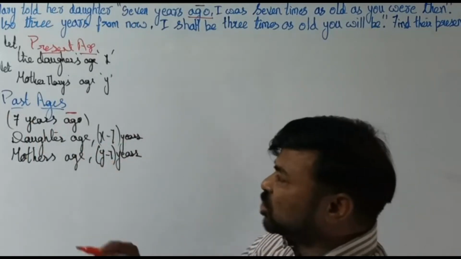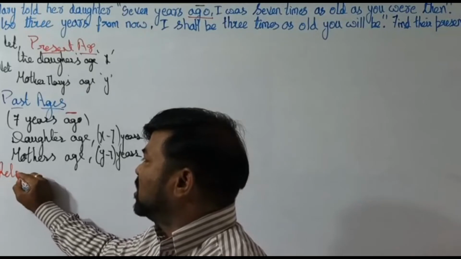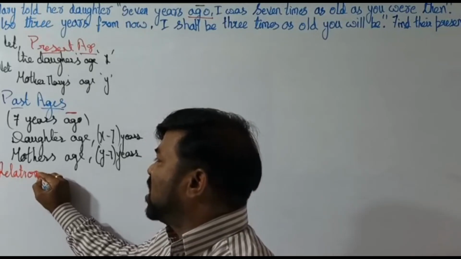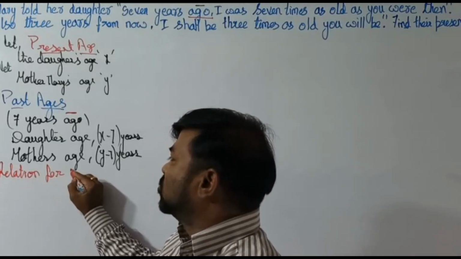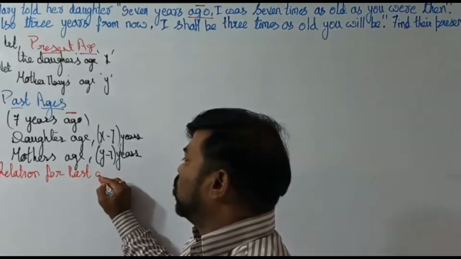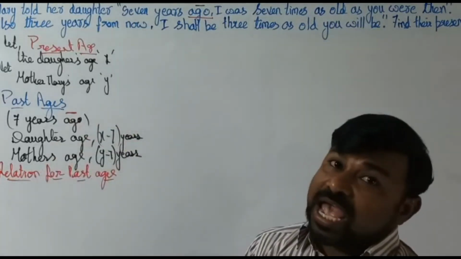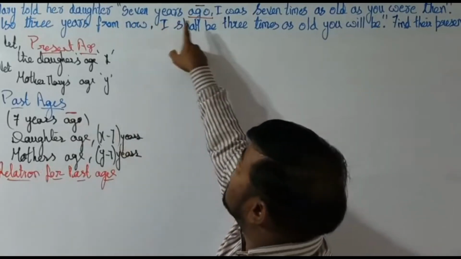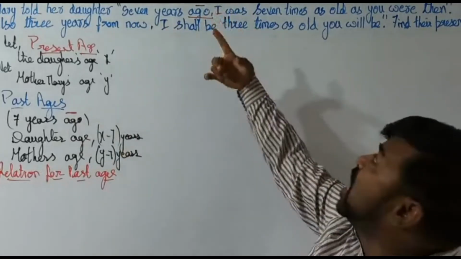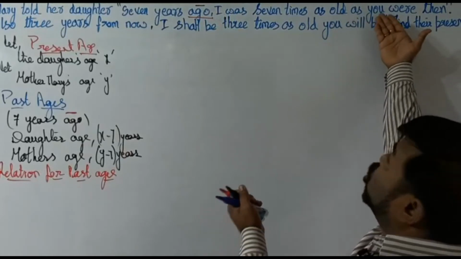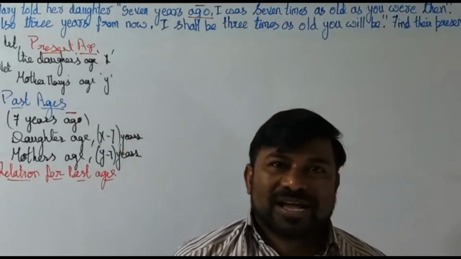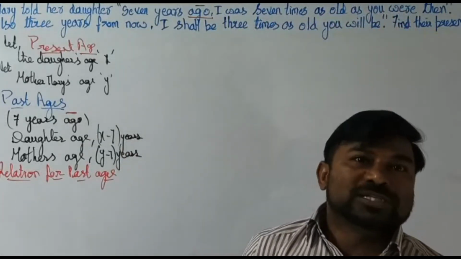What is the relation for the past ages? What did she say? And you have to remember, I means Mary, and you means the daughter here.